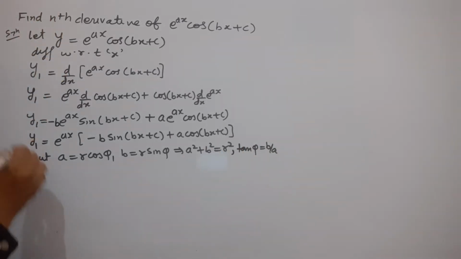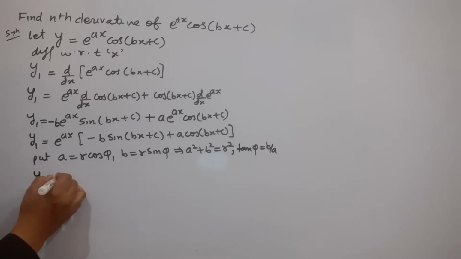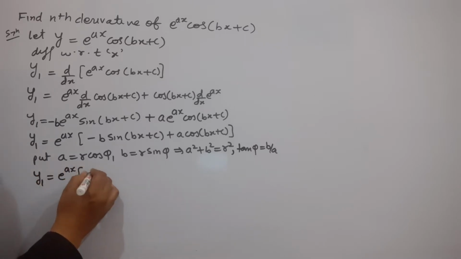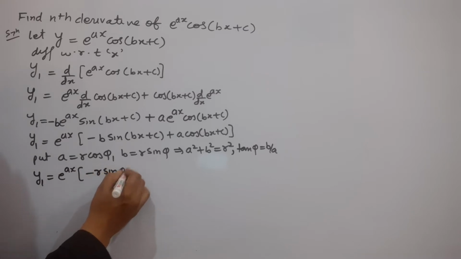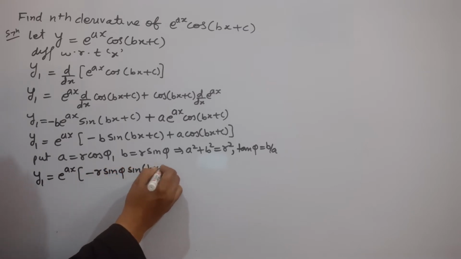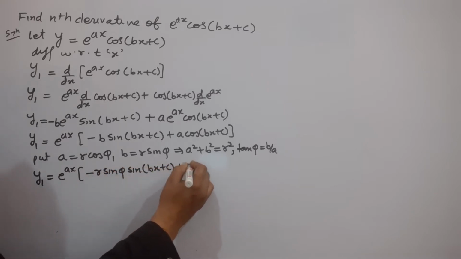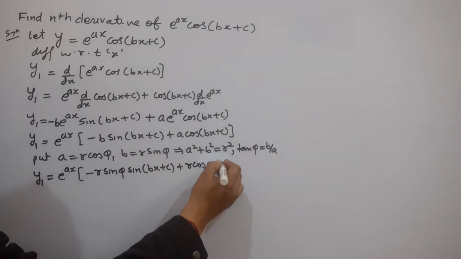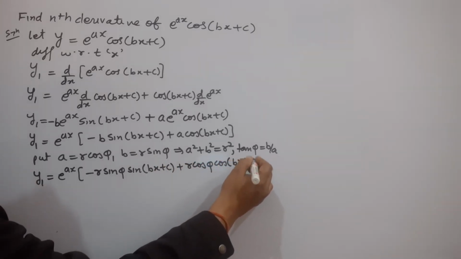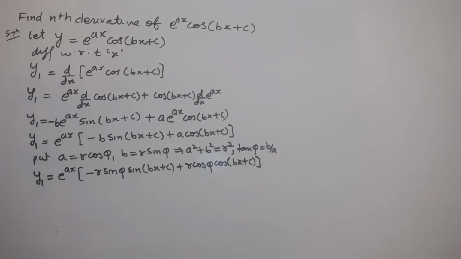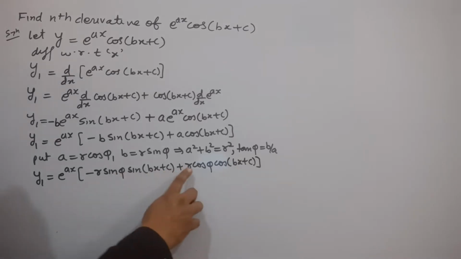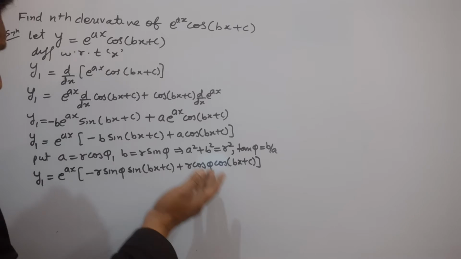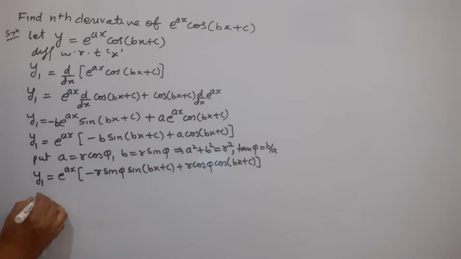Now when we put the values of a and b, we get minus r sin phi sin(bx + c) plus r cos phi multiplied by cos(bx + c). Here we can see that this r is common in both the terms, so we take it outside the bracket.